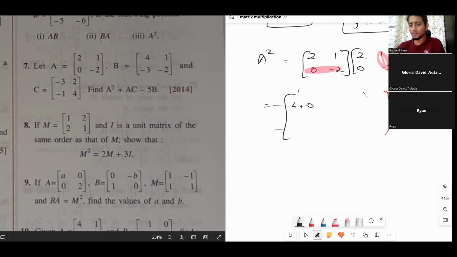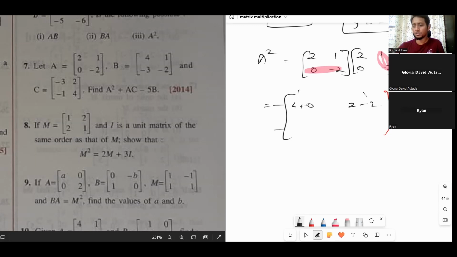For next value, you're doing first row into second column. That means 2 into 1, 2, plus 1 into minus 2. That's minus 2. Then for this next value, you have to multiply second row with first column.